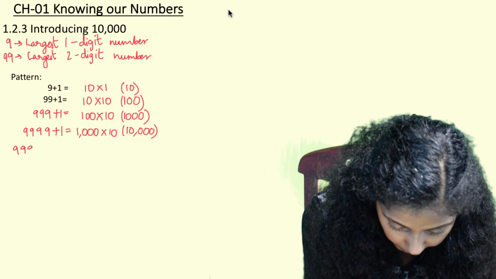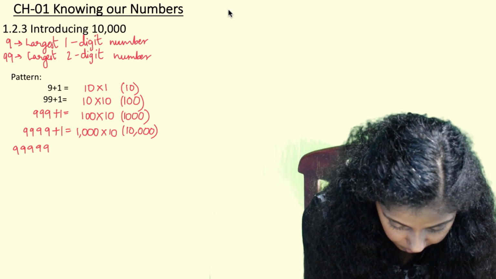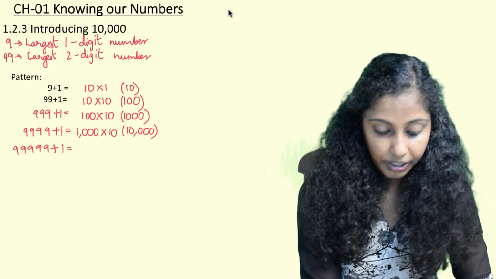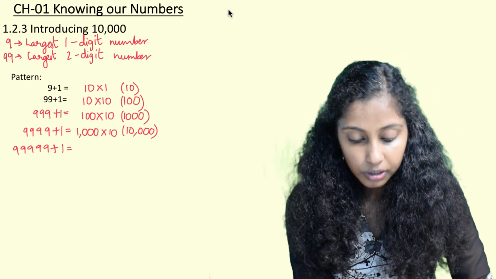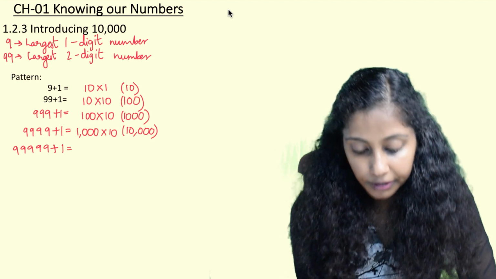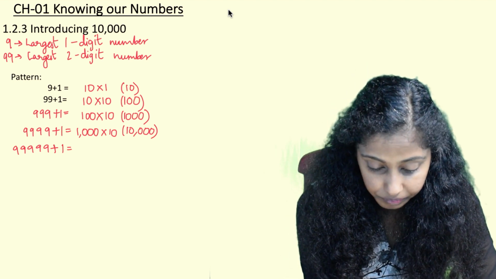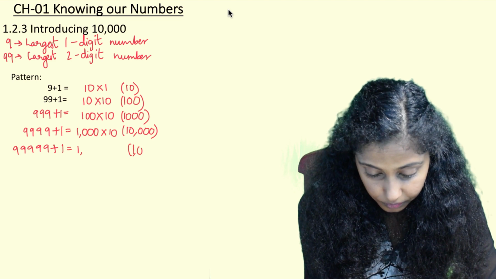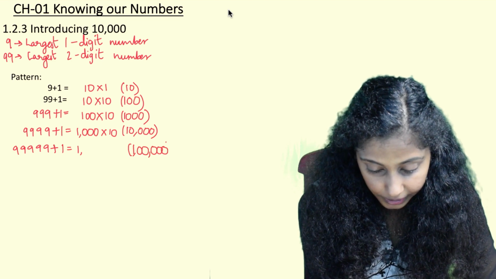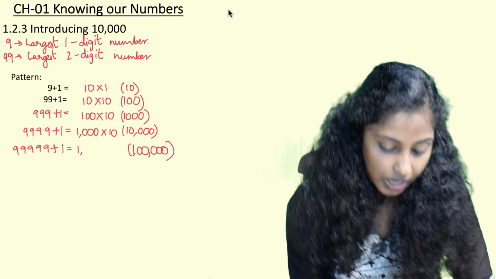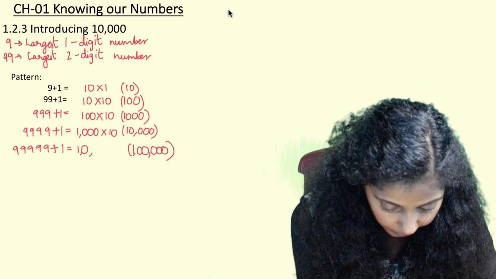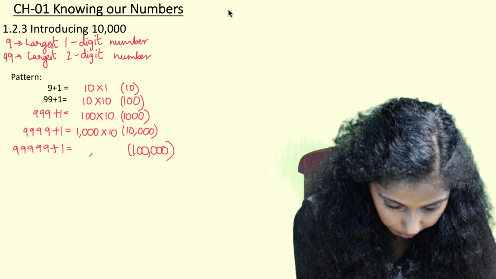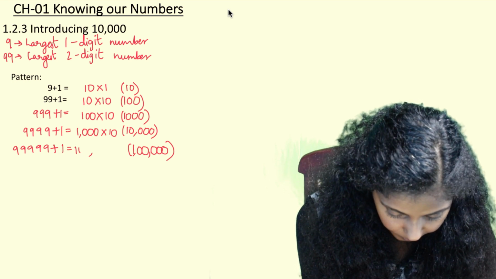Similarly, now here I can write 9 5 times. So if I write 9 5 times, it becomes 99,999. Adding 1 will give us 1 lakh. 1 lakh has 5 zeros, and that 1 lakh can also be written as 10,000 multiplied by 10.